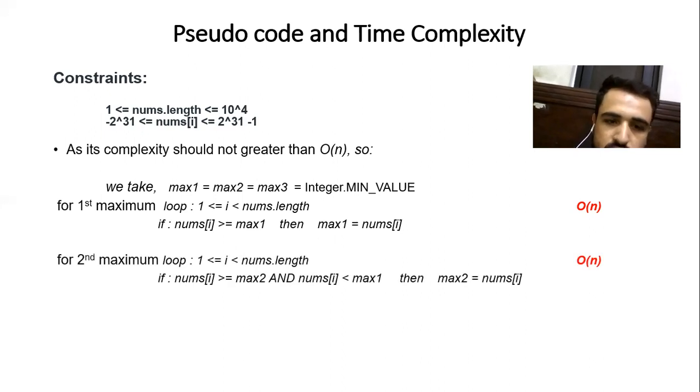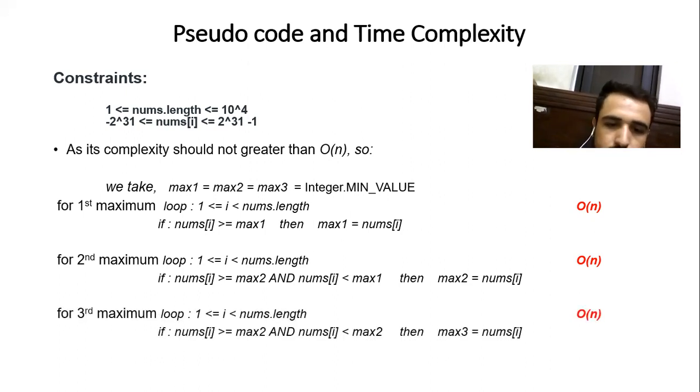Similarly, for the second maximum number, we again start the loop from 0 to less than the length of the array, and the condition here is if nums of i is greater than max2 and nums of i is less than max1. I mean, we are trying to find the second maximum, so that number must be less than max1. So it's again a loop of n times, so it takes O of n time.